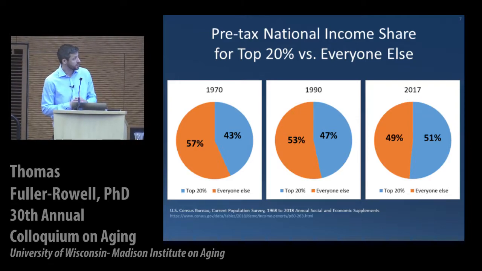And by 2017, we crossed a threshold where the top 20% are now making more than half of the overall available income, and everybody else is making slightly less than half. So over time, we see these gradual increases in the proportion of the overall economy taken up by the top 20%, and a decreasing share available for everybody else.